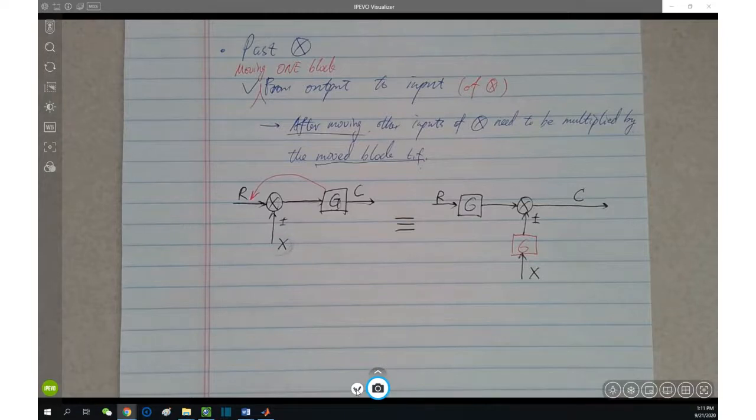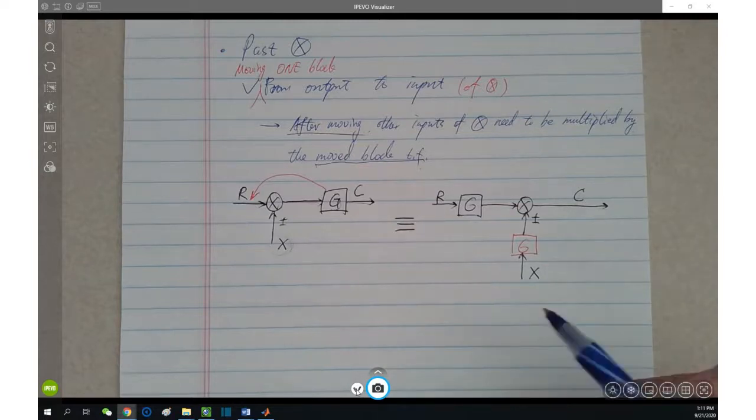Take a look for like 5 seconds. Any questions?